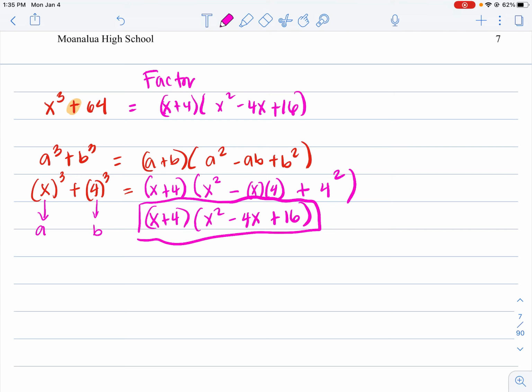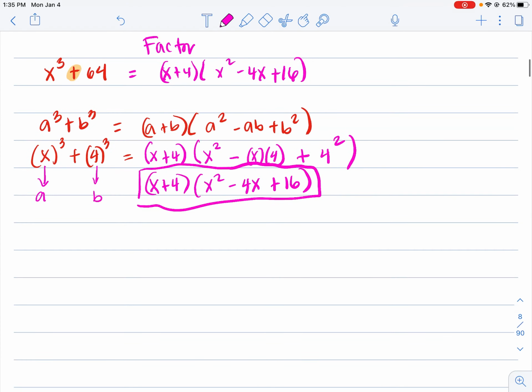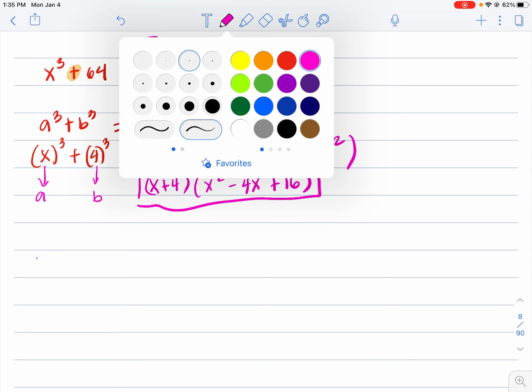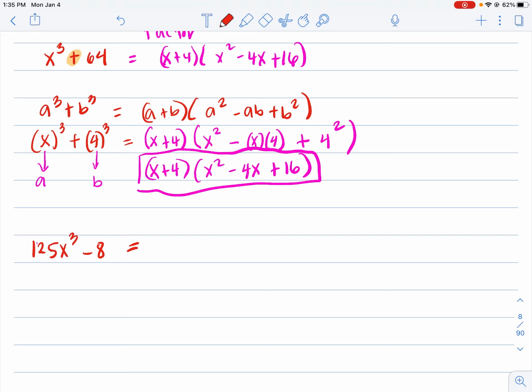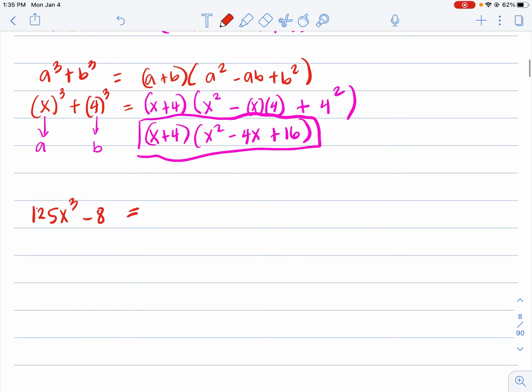Okay? Another example. We have 125x cubed minus 8, and let's have our formula first.